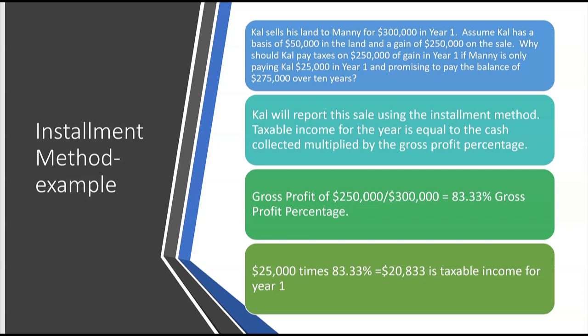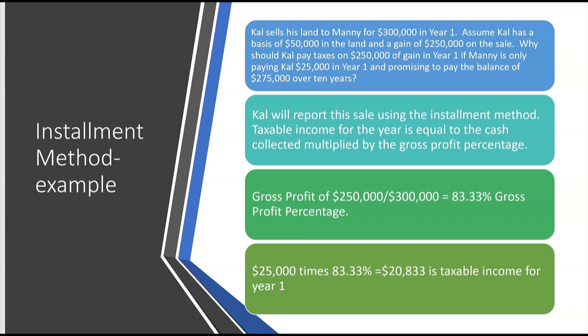But Cal's going to report this sale using the installment method because he has to wait several years to collect all the cash. And what if he never gets the cash? So the installment method is a good cash basis method that allows a taxpayer to include in income only what's collected in cash.